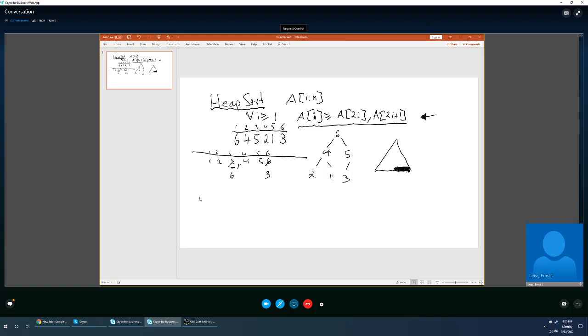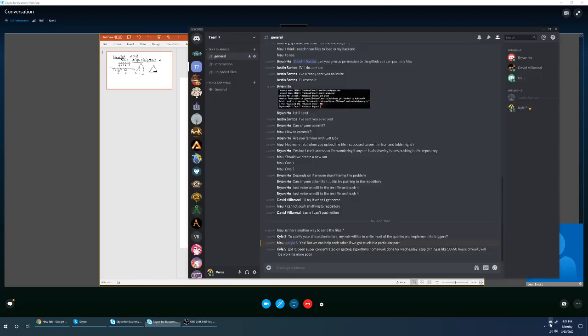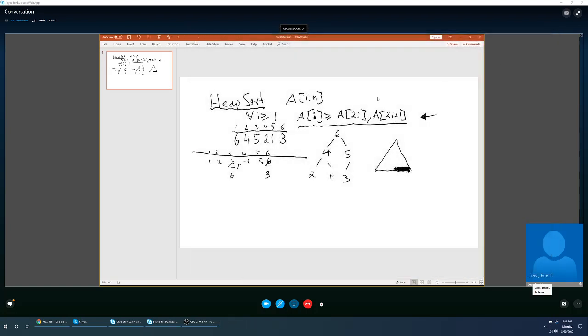And so then we proceed to the next element, which is 2. Remember, we're going backwards from the back end of the array towards the beginning. And so we now have 2. 2 will have to be compared with what is in positions 4 and 5, which happen to be 4 and 5. The larger of those 2 is of course 5. We simply get the larger of those 2, 2i and 2i plus 1, for i equal to 2, and so that would be 5, and so we're exchanging 2 and 5.